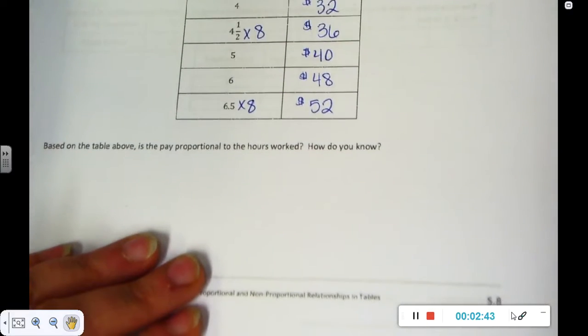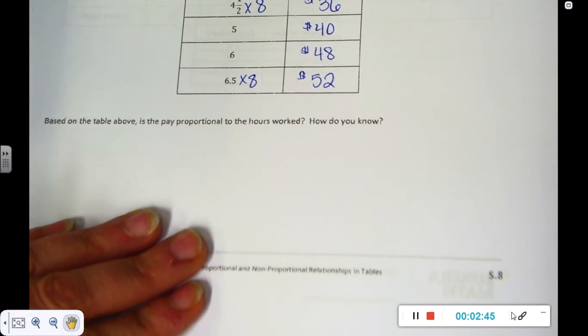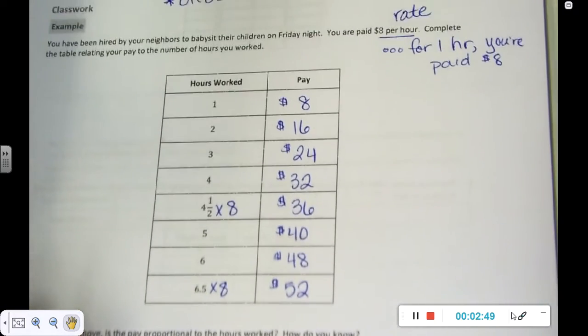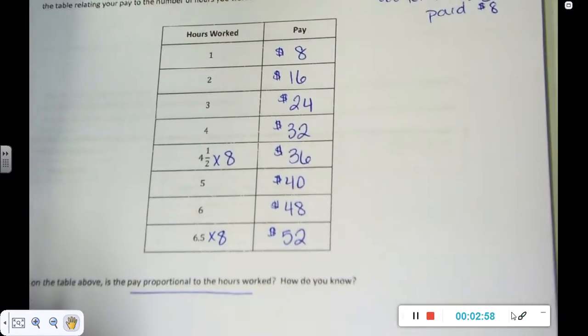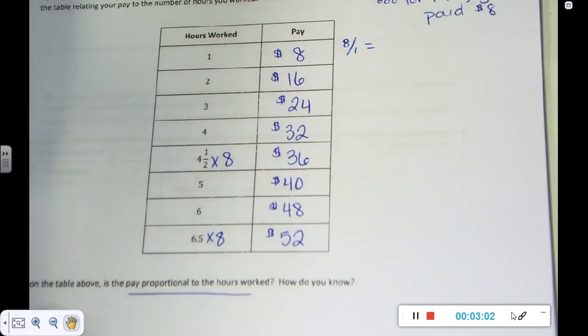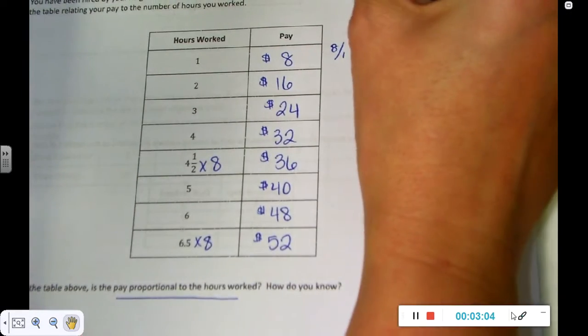And then it says, based on the table above, is the pay proportional to the hours worked? Again, pay per hours, in that order. Well, we know that it is proportional because 8 over 1, or 8 divided by 1, is 8.